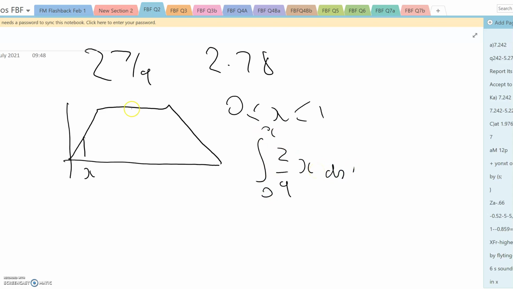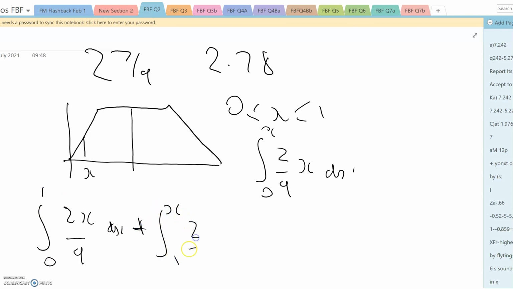If x is between 1 and 4, then you'd say the integral of 2/9 x between 0 and 1 plus the integral between x and 1 of 2/9. And if you simplify that, well, I'll do the simplifying later.